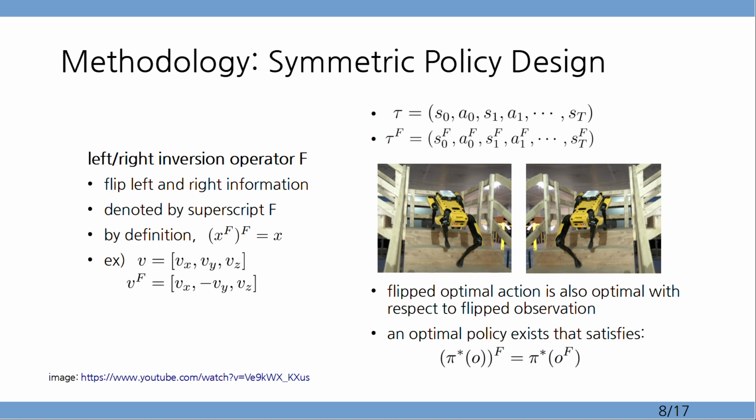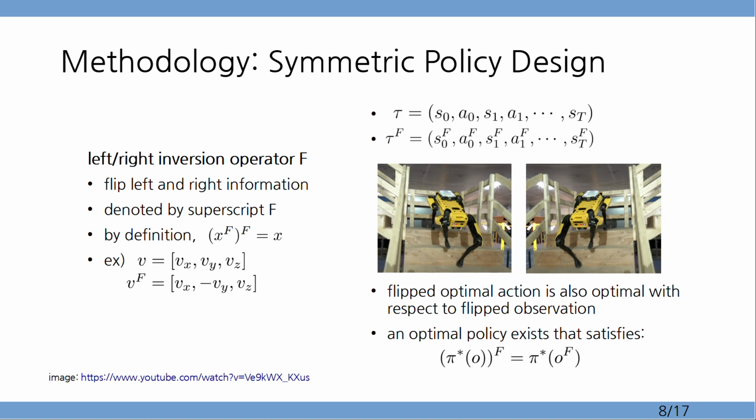If we invert that trajectory, flipping actions and states, it should remain optimal for a mirrored environment. This implies that an optimal policy exists that satisfies this symmetry condition. The flipped action under an unflipped observation is equal to the action under a flipped observation.